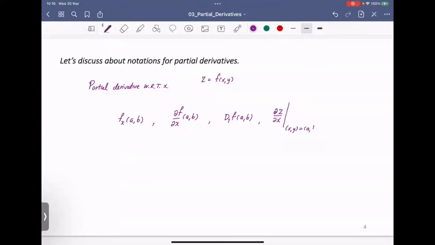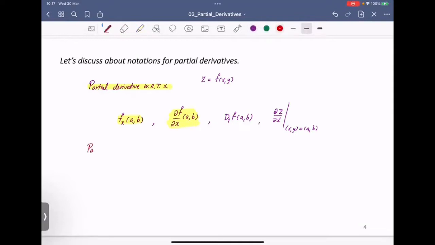This is fine too. It means you are trying to do the partial derivative with respect to x, and then you evaluate at (a, b). These are notations that mean the same thing, partial derivative with respect to x. But the ones that you're gonna see a lot are the first 2 here, because they are more common and people use them more.